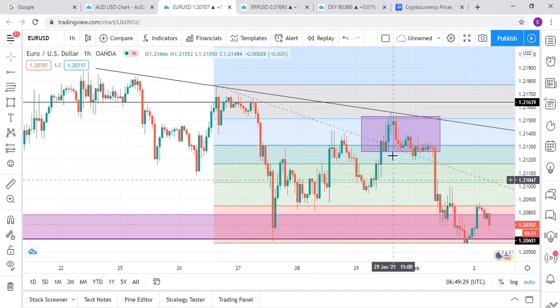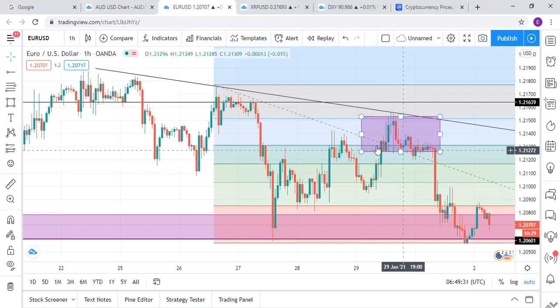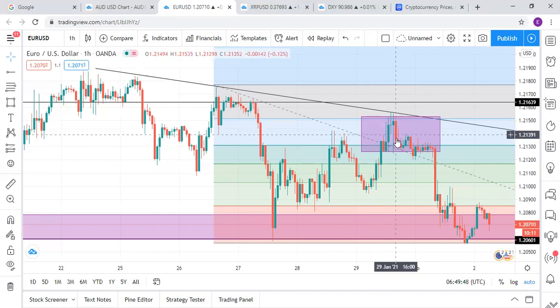Even on H1, I'm not saying something very clear, but this is how I enter on my H1. After having this bearish, you have something like a bullish, you see it going up. Now, this candle does not engulf the last candle.